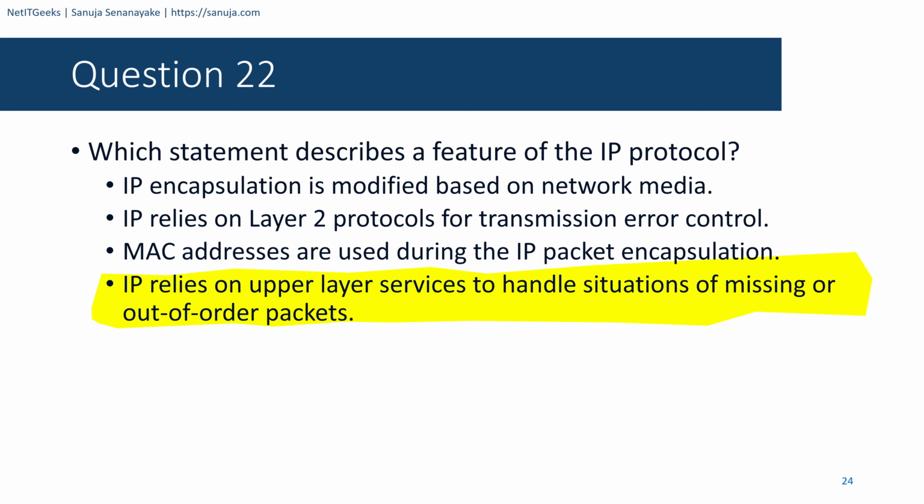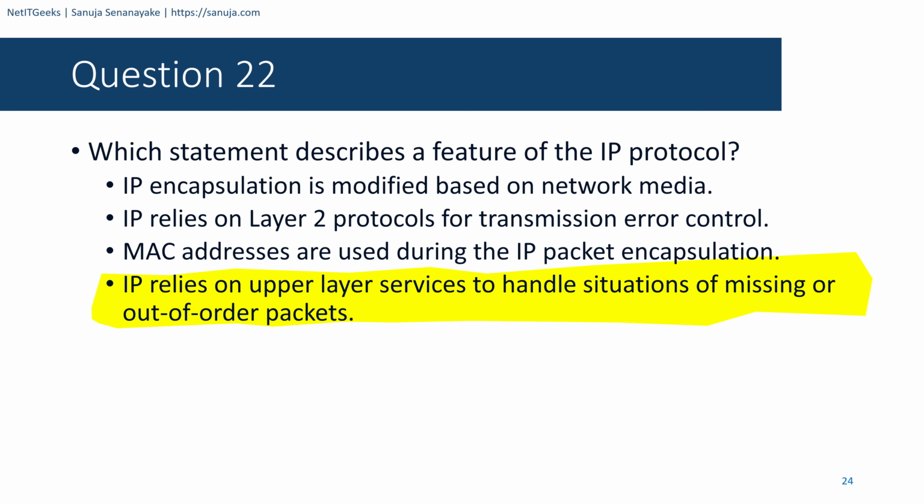IP relies on upper layer services to handle situations of missing or out of order packets. Because remember, the IP protocol is a connectionless protocol. I mentioned this before, and it is considered unreliable in terms of end-to-end delivery. So it does not provide error control in cases where received packets are out of order, or in some cases of missing packets.